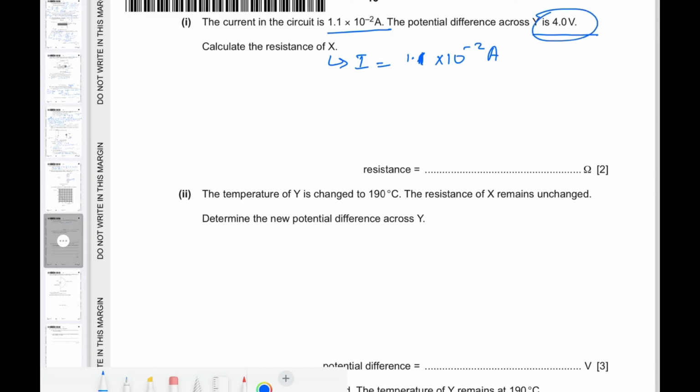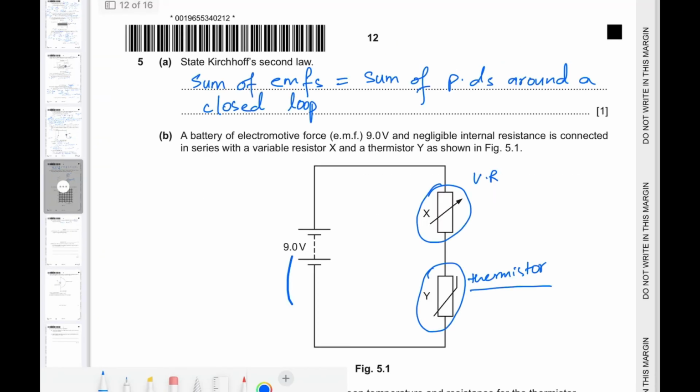As for the voltage, as we just saw, according to Kirchhoff's second law, the sum of EMFs is equal to the sum of potential differences in a closed loop. In a series circuit, that means the 9 volt of potential difference will be divided between the electrical components.